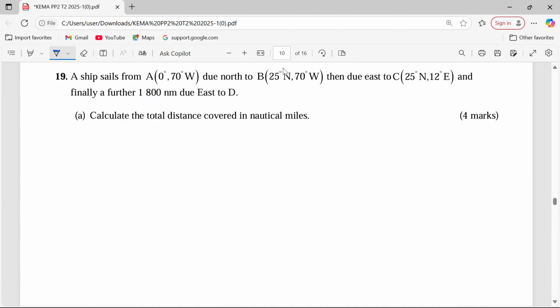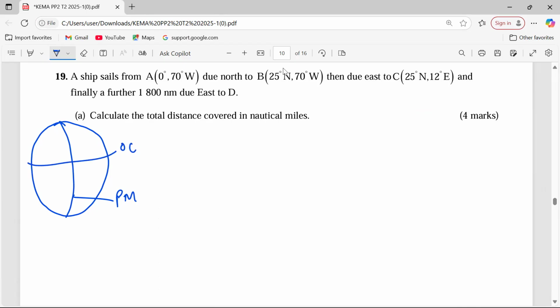Now look at this. I'm going to first sketch the location of the several places. This one is the prime meridian, which is 0 degrees. 0 degrees equator. Then now we can start. The first place A is on the equator, 70 degrees in the west.